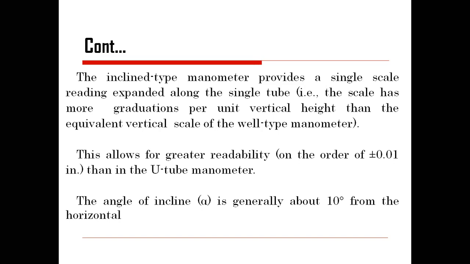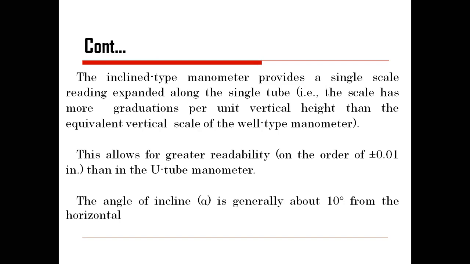That will be linearly increasing per unit vertical height compared to an equivalent vertical scale of the well type manometer. It also has greater reliability, plus or minus 0.01 inch, compared to that of the U-tube manometer.